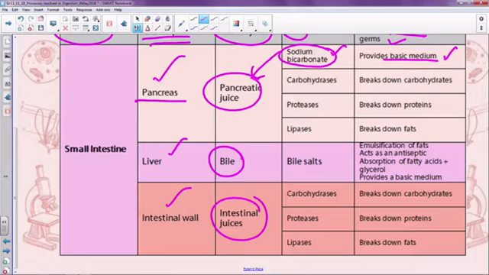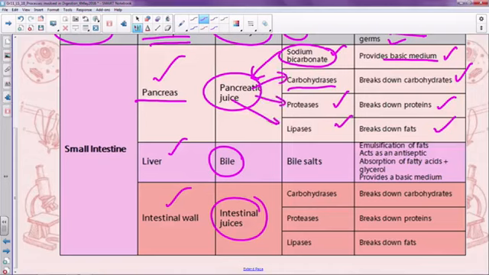You also find that your carbohydrases are released, and these break down your carbohydrates. You also have certain proteases that are released by the pancreas that break down your proteins, and you've got your lipases, which also will function on your lipids. So essentially from the pancreas you've got sodium bicarbonate, carbohydrases, and proteases being released.